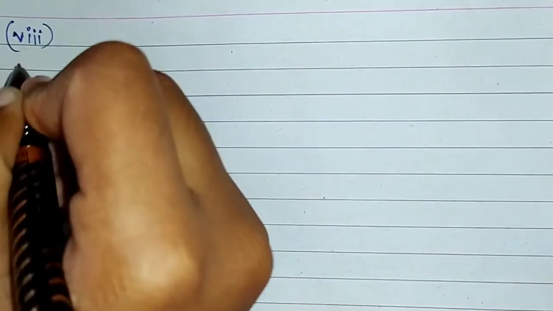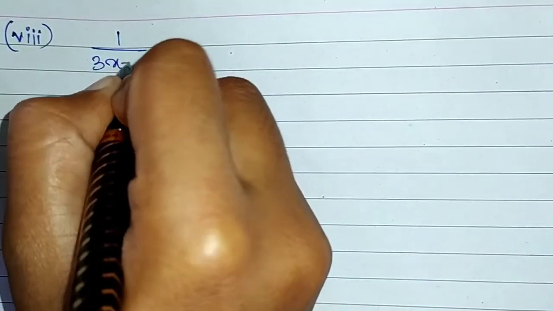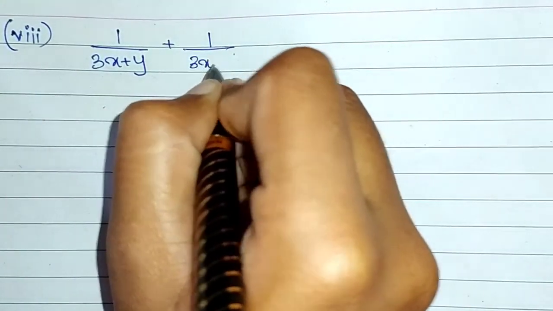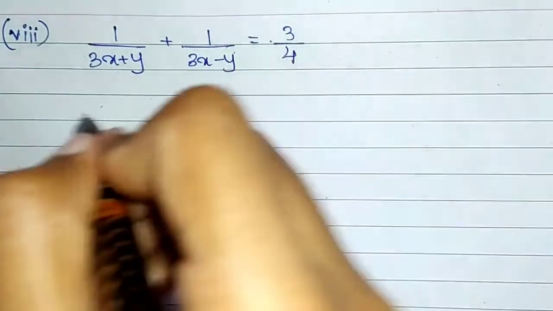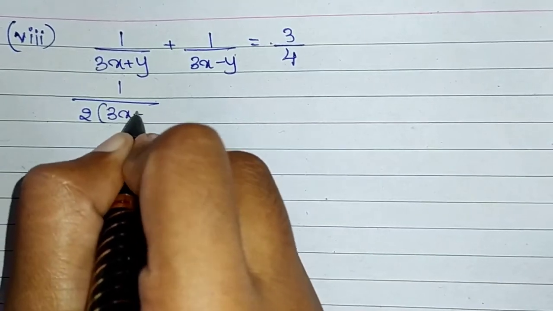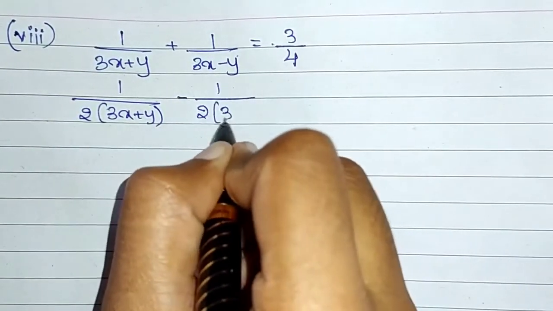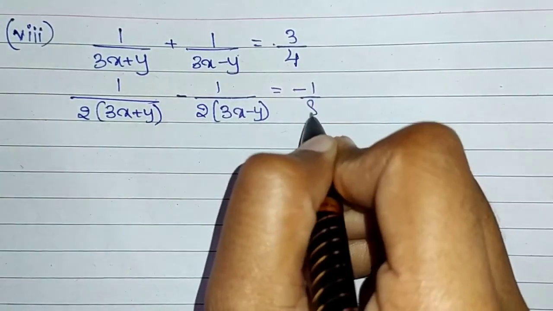And now coming to the last sub question, that is 8th question from the first main. We have 1 by 3x plus y plus 1 by 3x minus y is equal to 3 by 4 and 1 by 2 times 3x plus y minus 1 by 2 times 3x minus y is equal to minus 1 by 8.